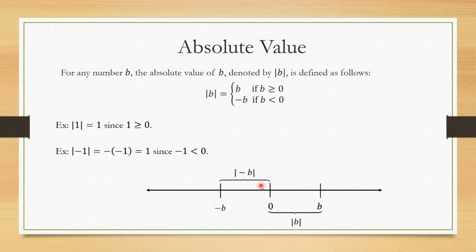My experience teaching this class is that students have an easier understanding with this definition, where you define absolute value as the distance between the number and zero along the number line. How far it is from zero.